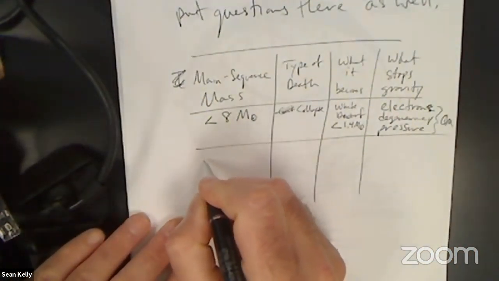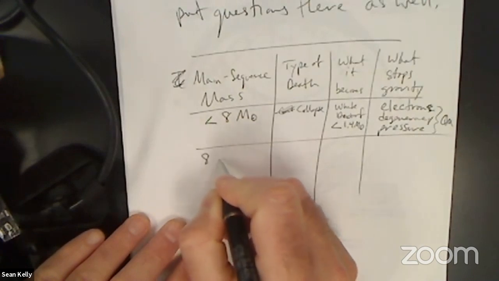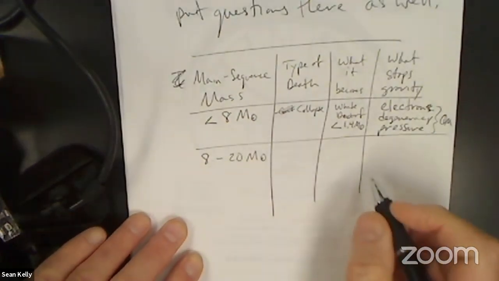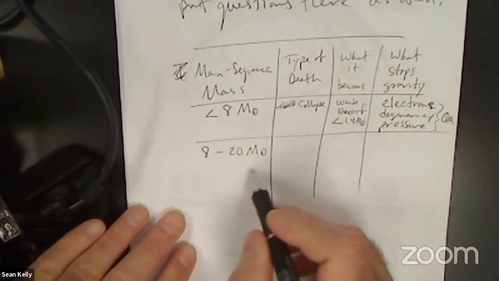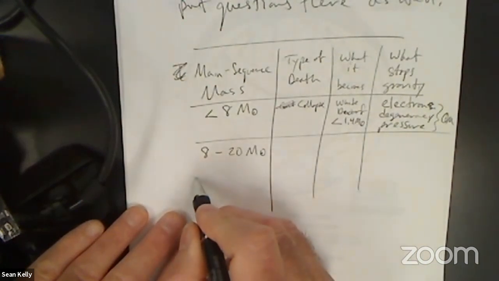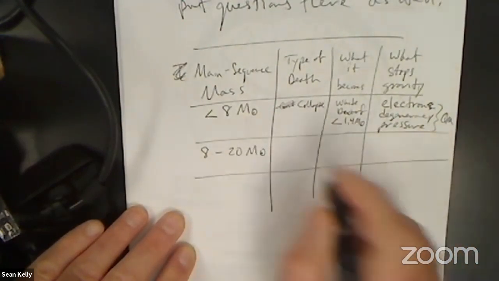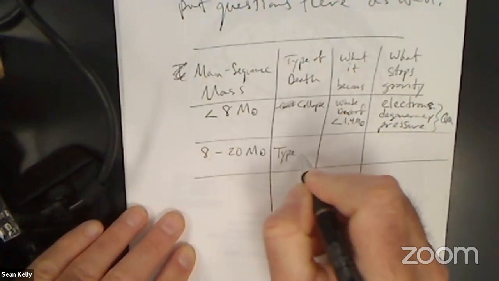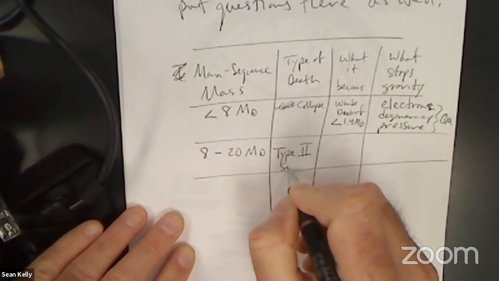Now, second state. If you are between 8 and about 20 solar masses, what happens to you? You go all the way to iron, and you have a type 2 supernova.